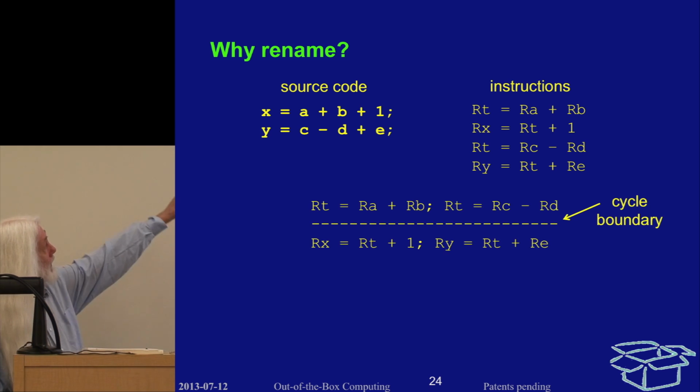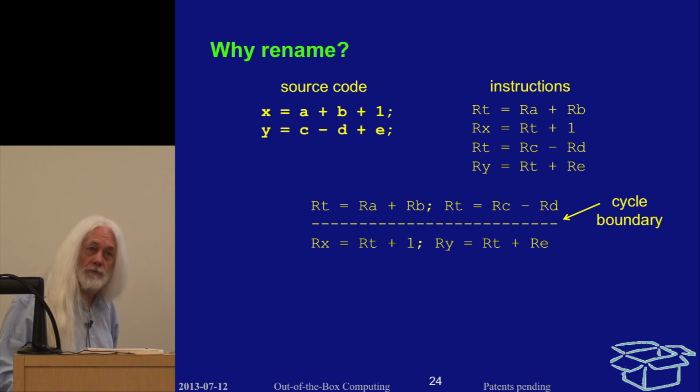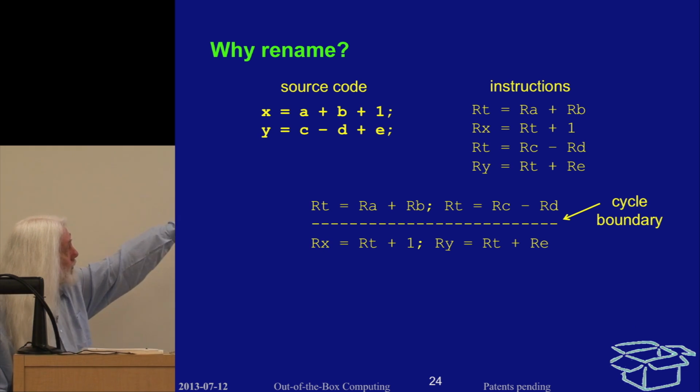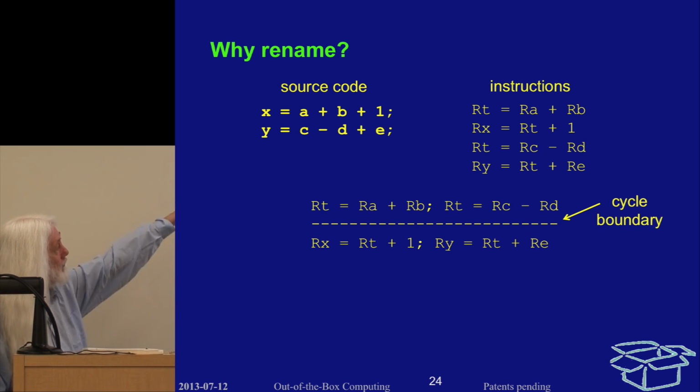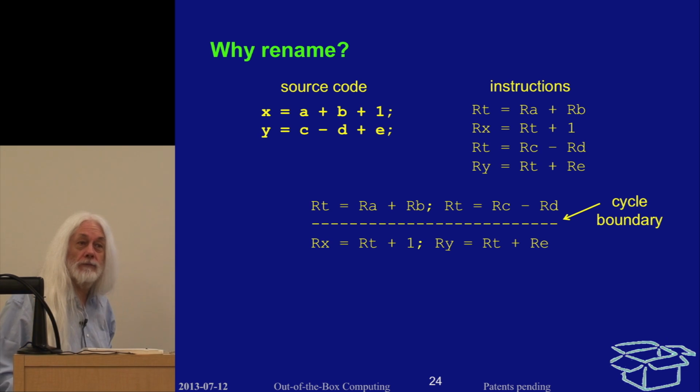Now you'd think that because the two expressions there, the two assignments in the source, are totally independent, they could be run in parallel. And in fact, they can be run in parallel because there's no data dependency between them. You could run the add and subtract of each one in the first cycle, and then the increment in the second add in the second cycle, and all would be well.